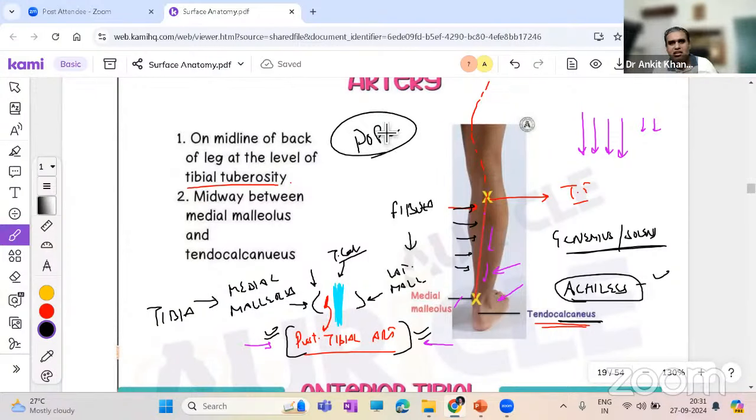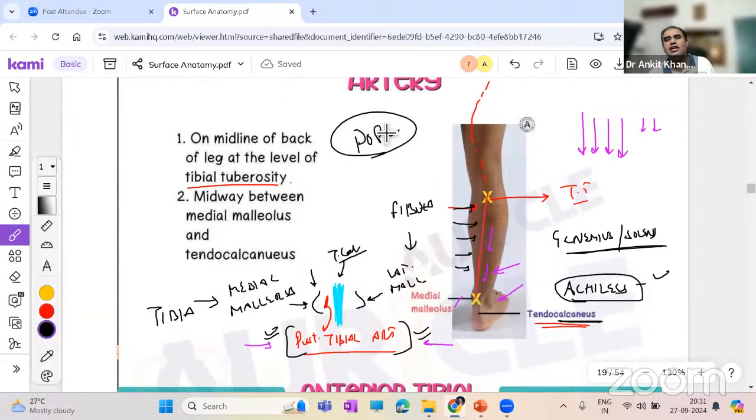If the blood is reaching the terminal parts easily, there is no need to even palpate the popliteal artery. If both these arteries are easily palpable, obviously the popliteal artery will be fine. Then there's no need to go for a Doppler study for arteries.